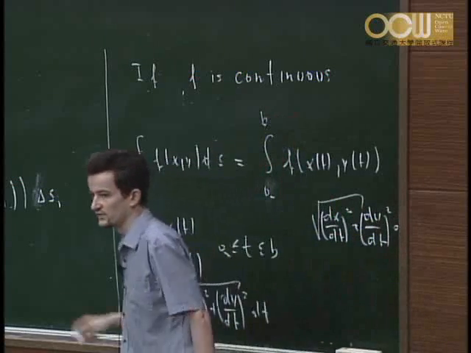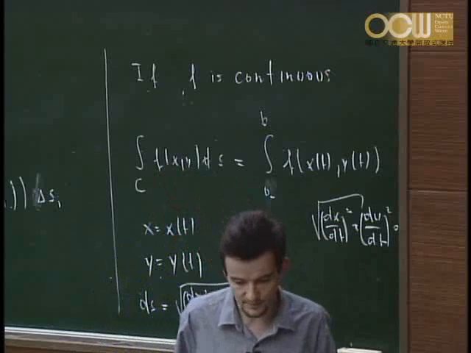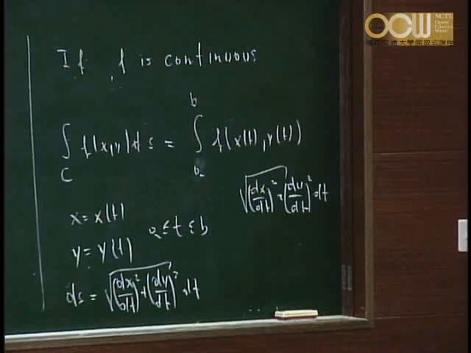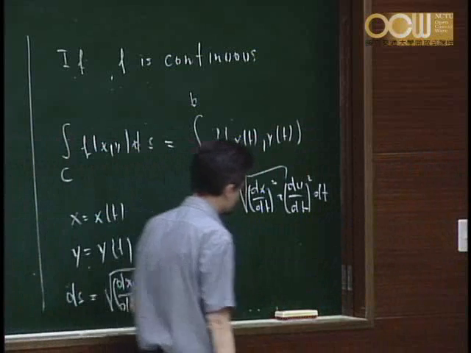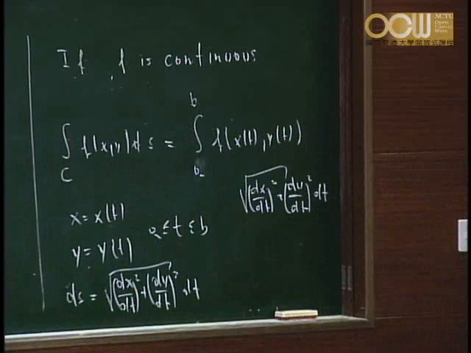Of course, you have to prove this, okay? It looks like this is trivial, but since we just have defined this object, you have to prove this formally, but the proof is not very complicated. Okay, so this is the definition of the line integral and some comments.